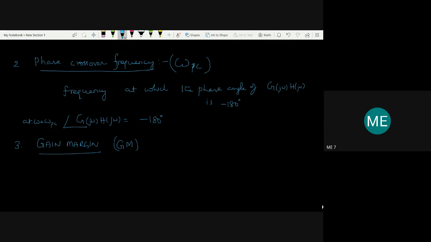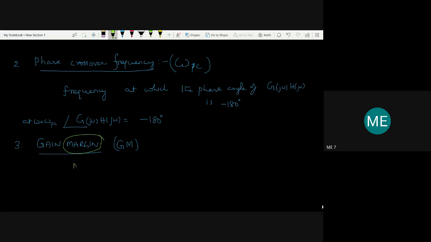So gain margin is defined as the margin which is allowable. The margin in the system gain K is the gain by which the gain can be increased till the system reaches the verge of instability.